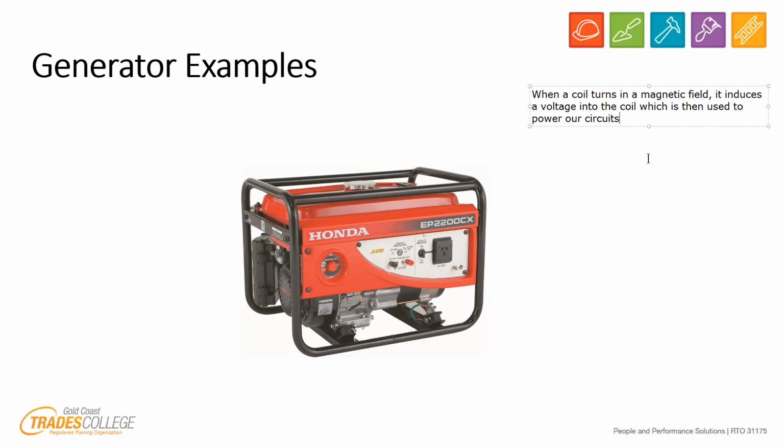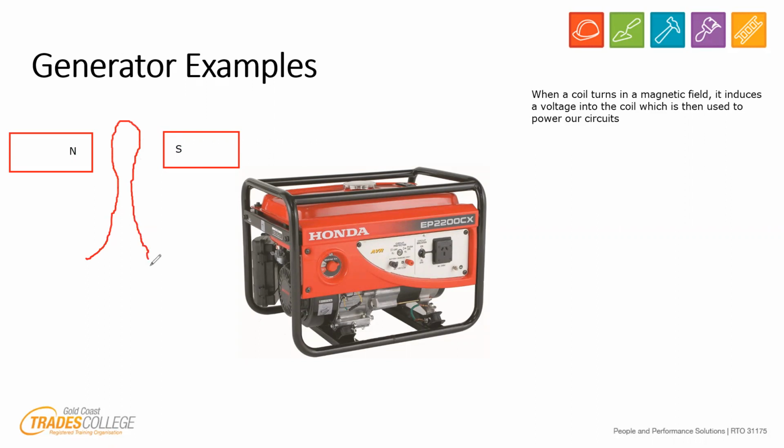Even when a cable goes through a magnetic field, so just very, very quickly, if I've got a north magnet and a south magnet there, capital N and then S. What we're saying is that if I had a coil of cable like this, I'm just drawing it all in red, it doesn't matter, if I had a loop of cable like that, and then I spin it, then basically the coil will do the same thing as what we talked about earlier.